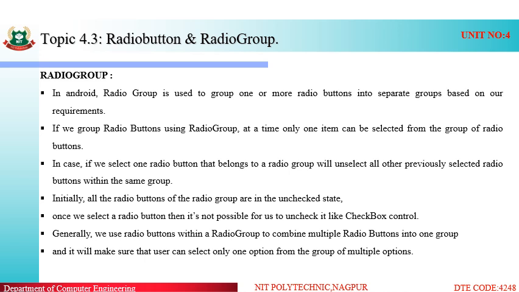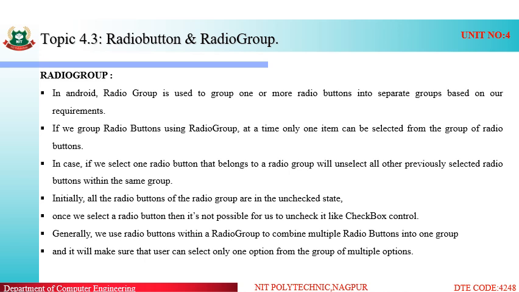If we group radio buttons using a radio group, at a time only one item can be selected from that particular group. In case we select one radio button that belongs to a radio group, it will unselect all the other previously selected radio buttons in the same group. So these lines are self-explanatory.